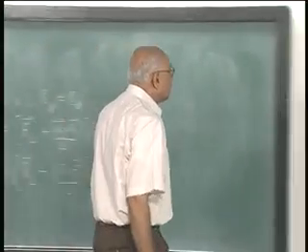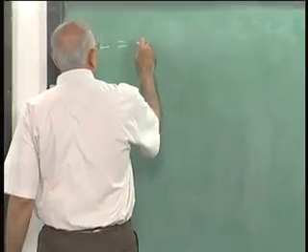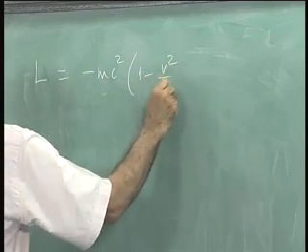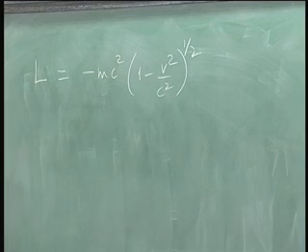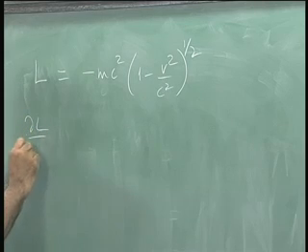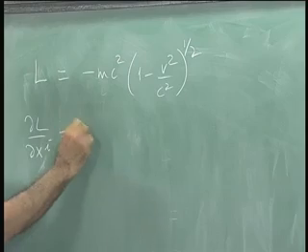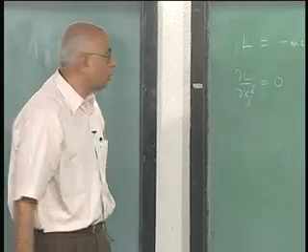So let us write the Lagrangian down for a free particle, and this is the Lagrangian that produces it: minus mc squared times 1 minus v squared over c squared to the power of half. Consider this Lagrangian, then I will explain where it came from. What is delta L over delta x_i? This is equal to 0 because for a free particle there is no dependence on the coordinates.